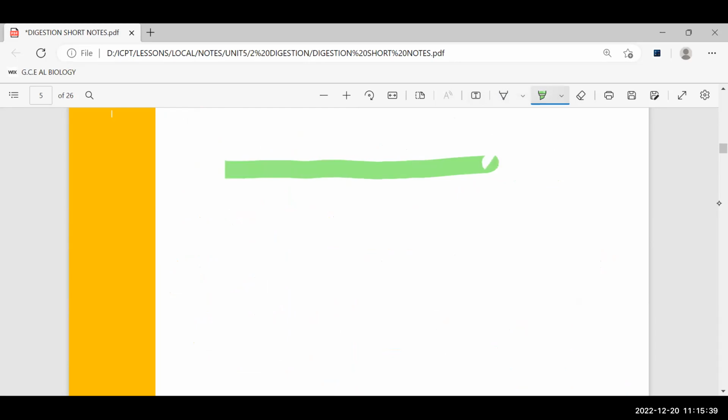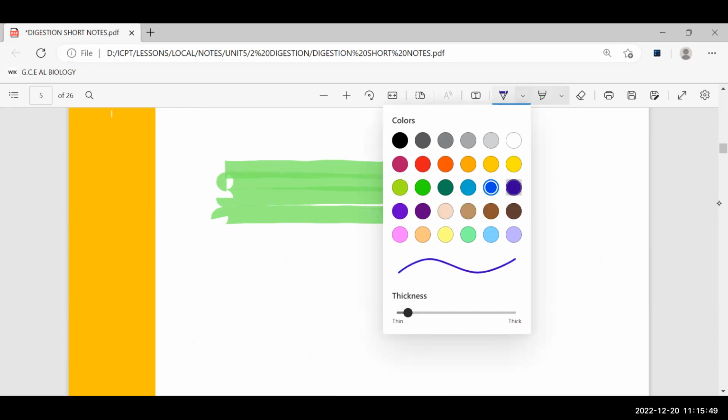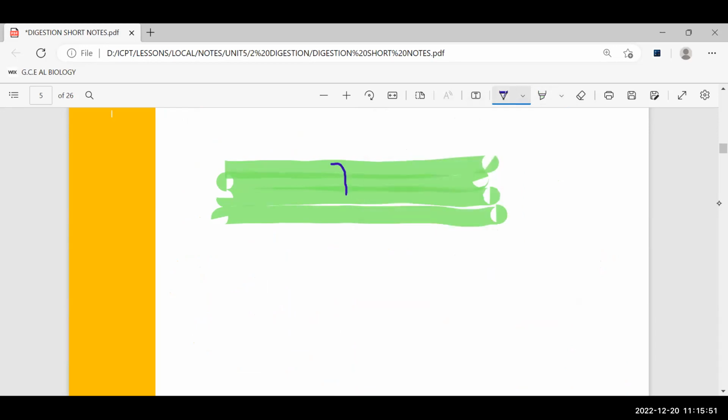This represents the mucus layer, and this is the gastric pit.